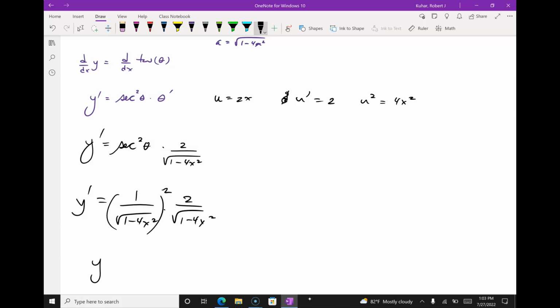So it looks like I get a 2 over 1 minus 4x squared to what power? 3/2. Because when I square the one on the left, it's a first power, and the other one is a half power. First power plus half power is 3/2 power. I'd probably give you 9 out of 10.